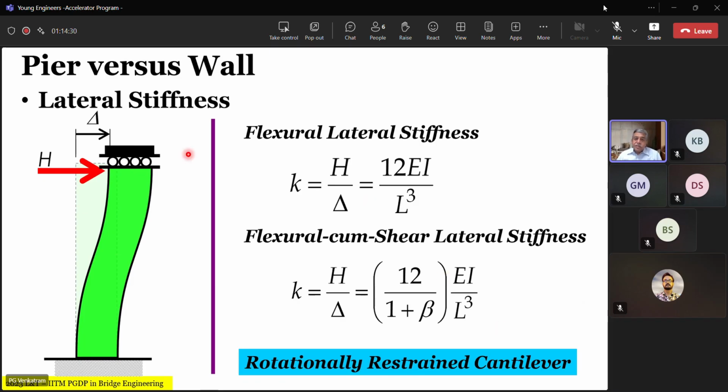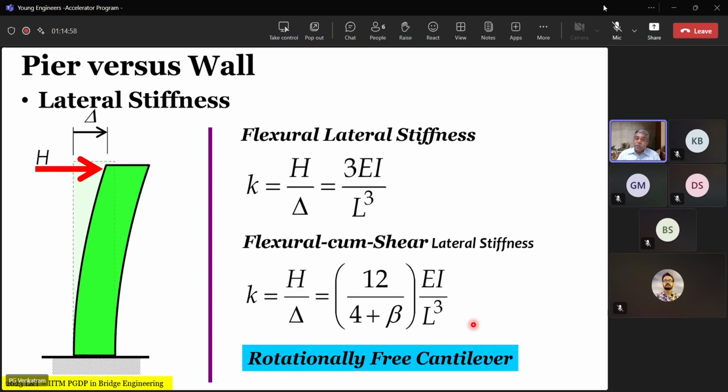For the normal flexural system, rotationally stiff, when you ignore the shear deformation, your normal flexural stiffness is 12 EI by L cubed, but the same thing with shear deformation becomes 12 by 1 plus beta EI by L cubed. So that's how the lateral stiffness changes if you have shear stiffness or if you ignore the shear stiffness.